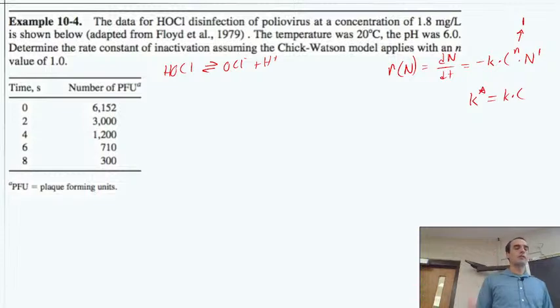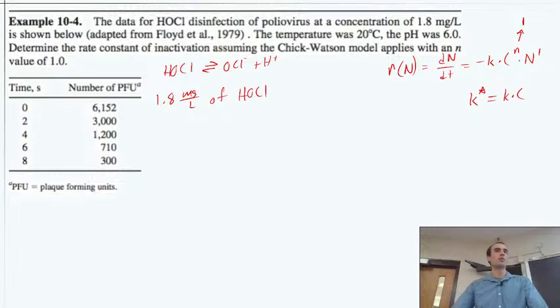So let's just assume that the way it's written, which is a little vague, we have 1.8 milligrams per liter of HOCl. It turns out if you were to check at pH 6 what proportion, it's probably going to be something like 97% anyway. So we could do that calculation.